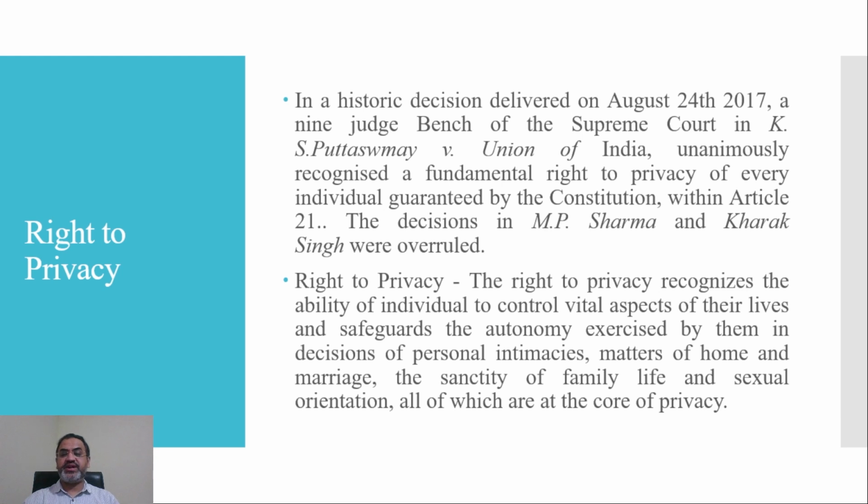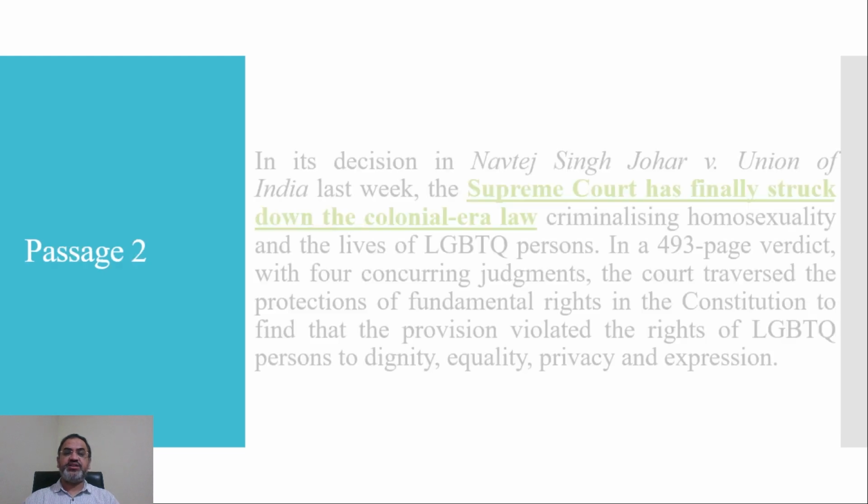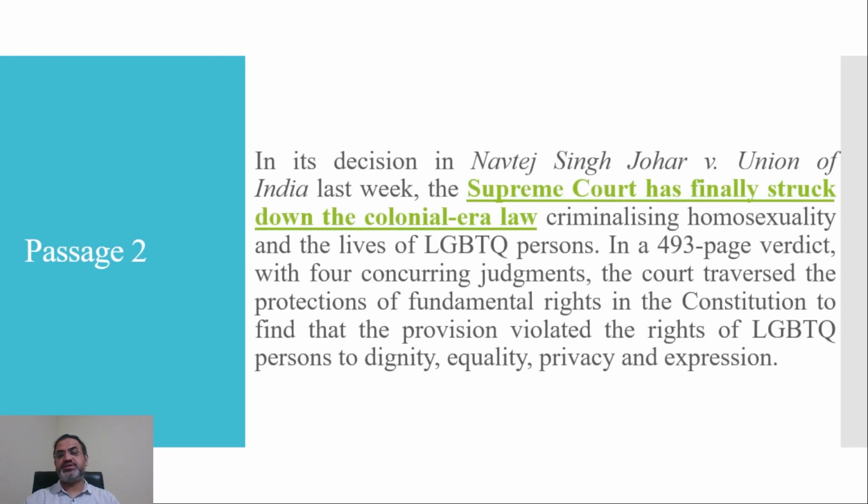The Supreme Court read it down and declared it to be unconstitutional. And the judgment of Puttaswamy, which recognized sexual orientation as part of Article 21 under right to privacy, had in a way already ordained the fate of Section 377 of the Indian Penal Code. The eventual fate was actually realized in this Navtej Singh Johar versus Union of India judgment.